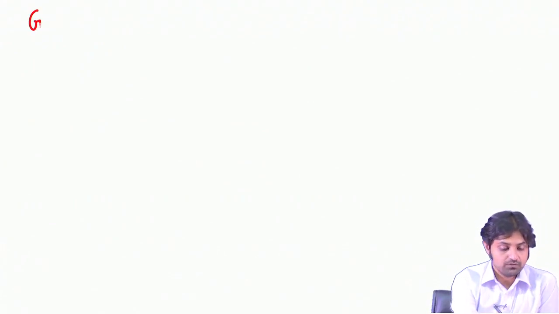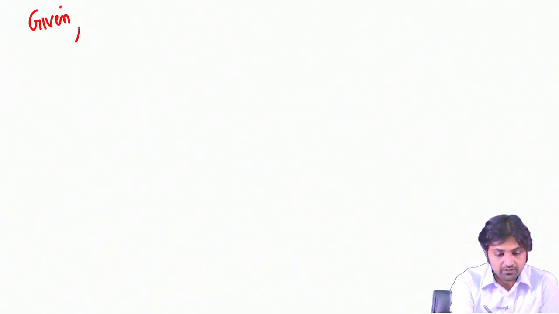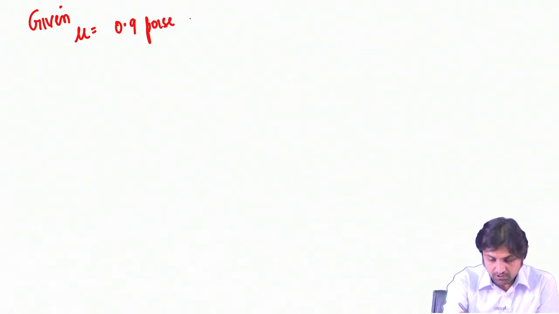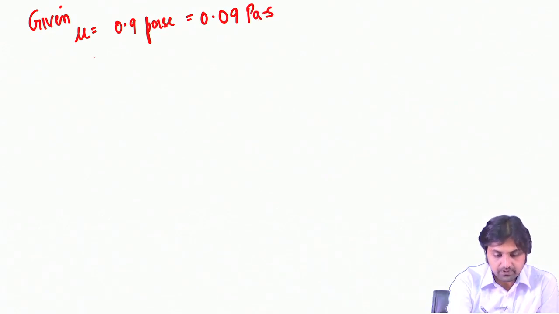As always, we are going to write the things that are given. Given: mu is 0.9 poise, or in SI unit 0.09 Pascal seconds.